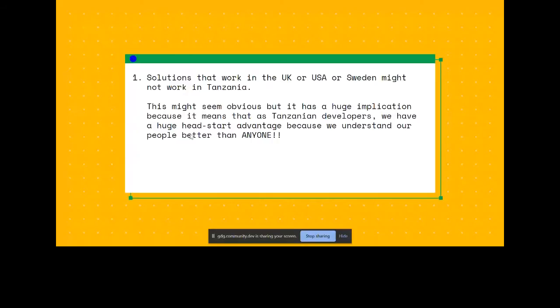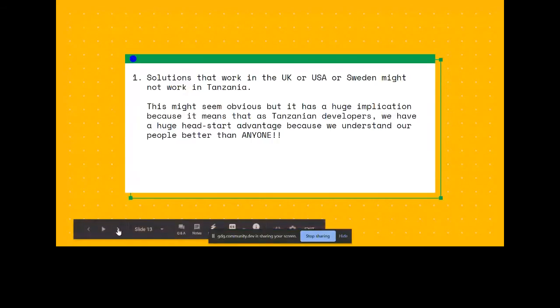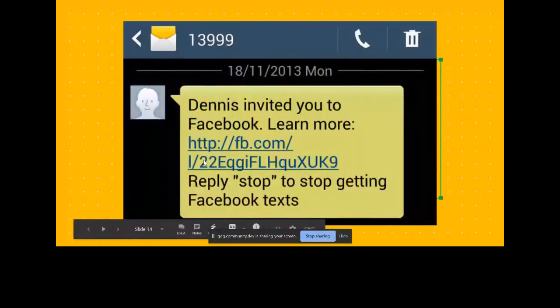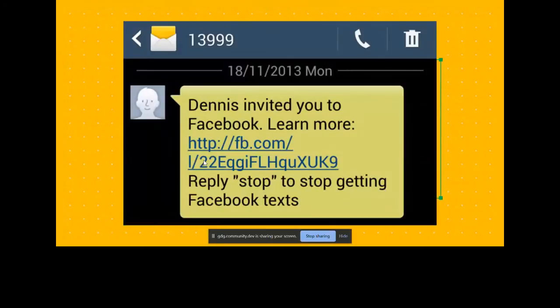Okay, and if you want to really understand this, many companies have tried to come to the Tanzanian or East African market with different techniques to try to increase their consumer base. For example, Facebook had this messaging feature when I was in secondary school. I remember you could see your notification through text and you could send a message like a Facebook message, but through normal text.